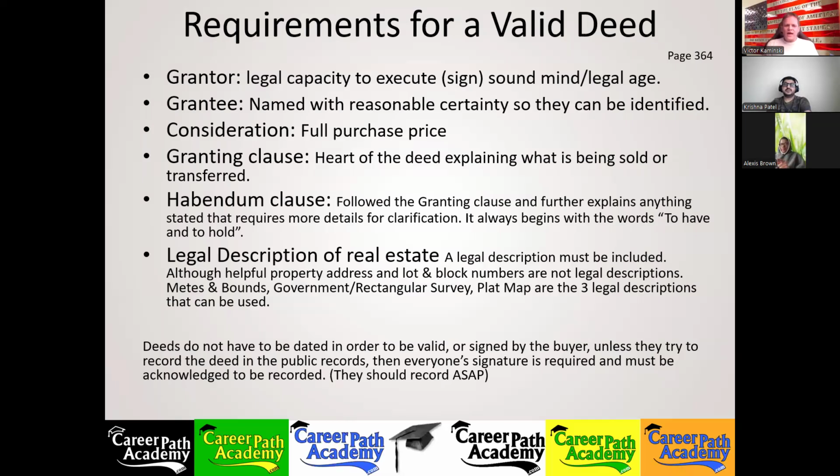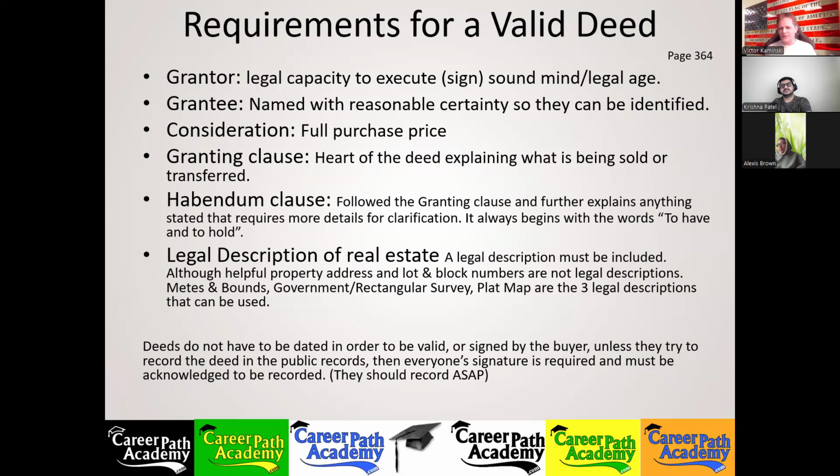Now, deeds do not need to be dated in order to be valid, because the transfer of ownership takes place upon delivery and acceptance of the deed itself, not by any date that's there. They only need to be signed by the seller, and the signature should be acknowledged when the deed is recorded in the public record. You need to know that term, acknowledged. What is an acknowledgement?